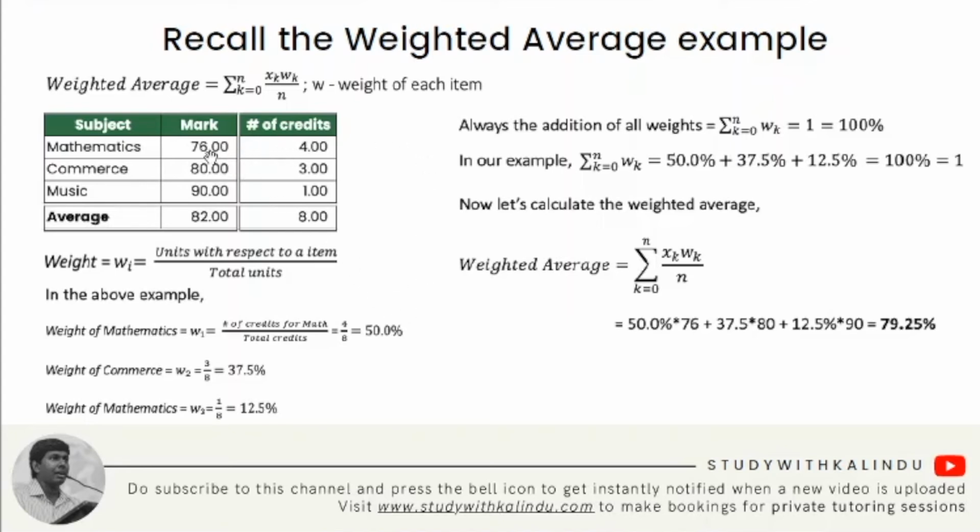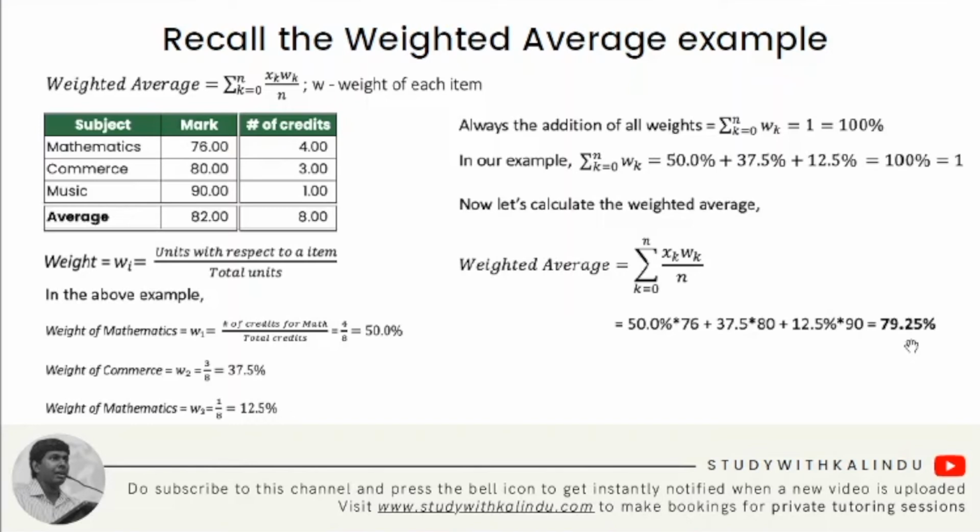So you take 76 for mathematics and multiply it by 50%. You take 80 for commerce and multiply it by 37.5%, and you take 90 for music and multiply it by 12.5%. When you do this, you get 79.25, which was our weighted average at the start of this video.